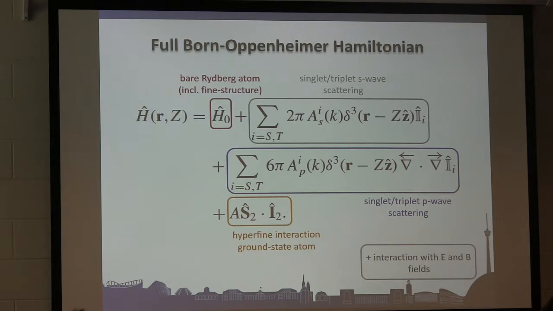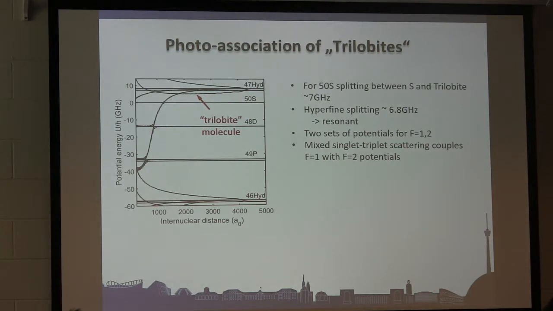And so how this spin story changes the potentials, I want to show you. This is still the plot we had before. There is this Trilobite molecule state up there, and for the 50S state, it's split by about 7 gigahertz with respect to the S state.